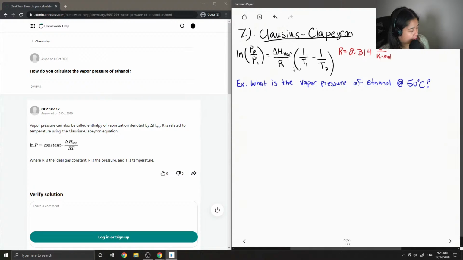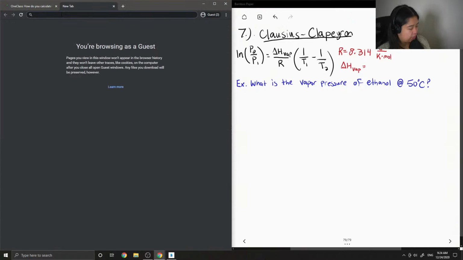Another important variable that we need is the enthalpy of vaporization of ethanol in standard conditions. This is something that is given in a table, like in your textbook, or it might be given in the question.